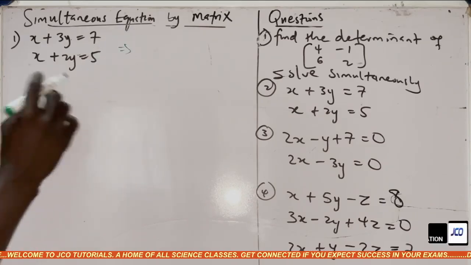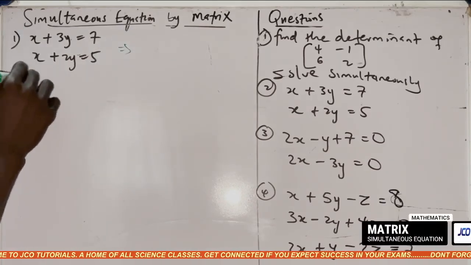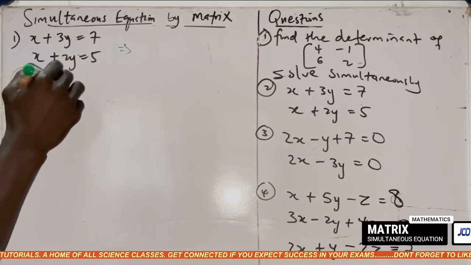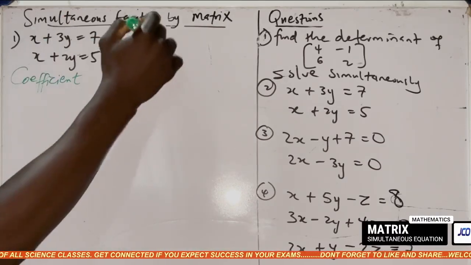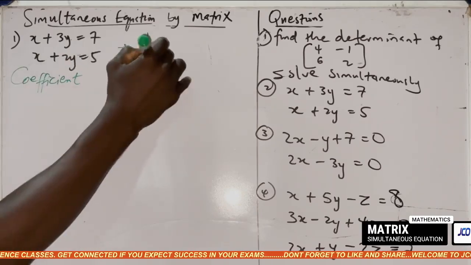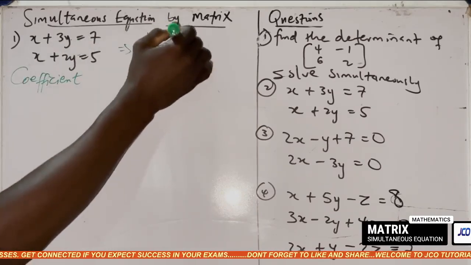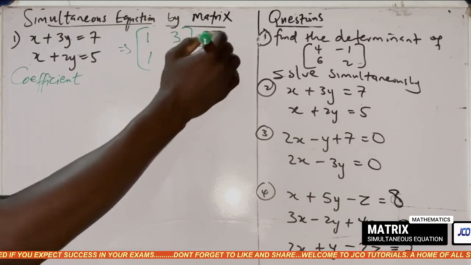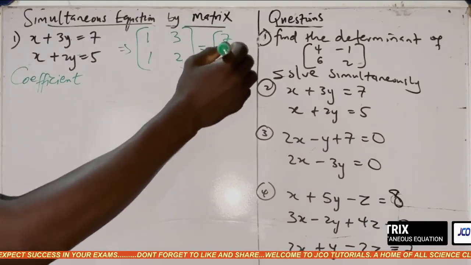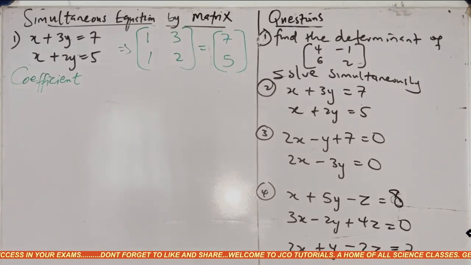What's the coefficient? So you check the coefficients, the coefficient of each of them. Coefficient of x is 1, coefficient of x is 1, coefficient of y is 3, coefficient of y is 2. So that forms a square matrix equal to 7 and 5.